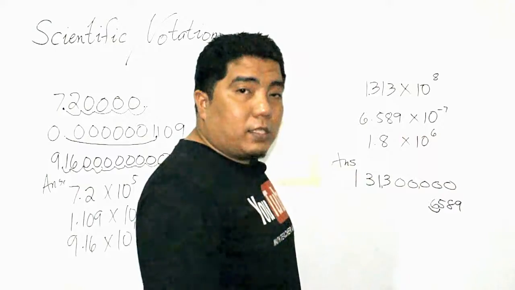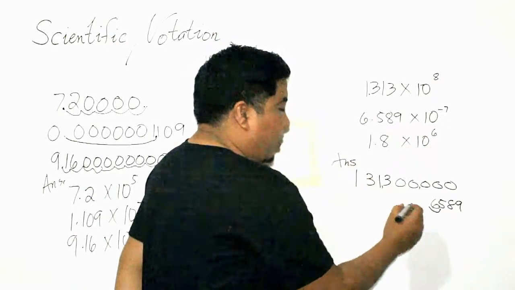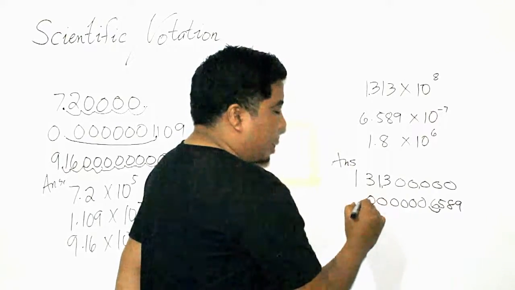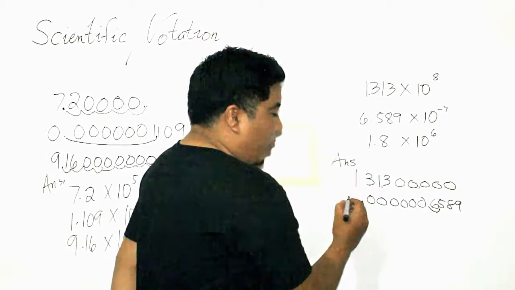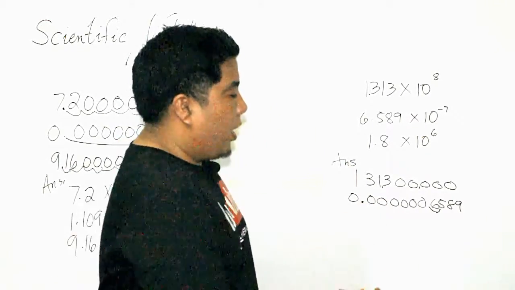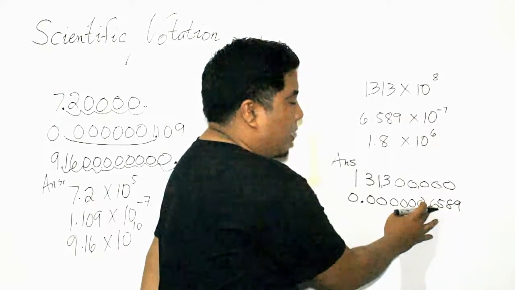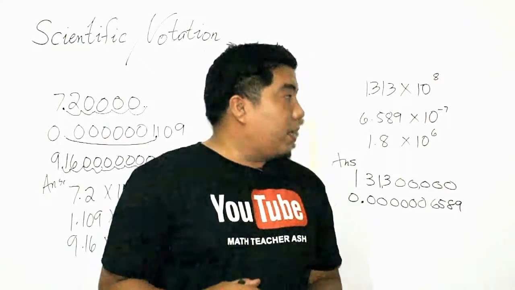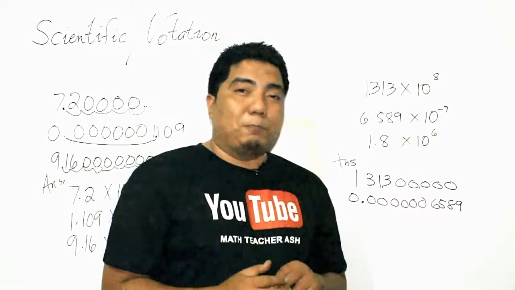How many more movements? 6. Okay, so that is 1, 2, 3, 4, 5, and 6. Then I put my decimal point and then put another 0 there. And this will be my standard notation for 6.589 times 10 to the negative 7th power.